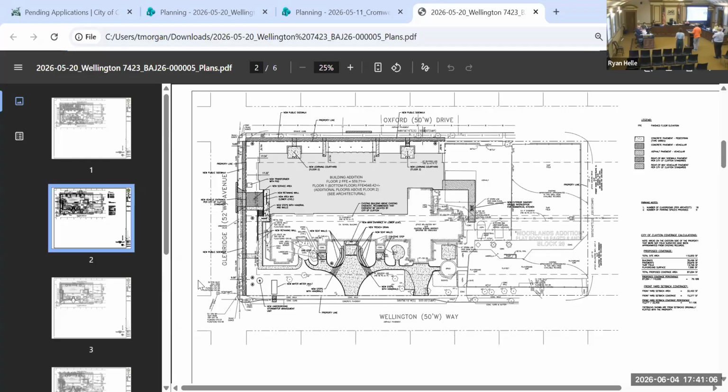Well, but in terms of the property values of the neighbors' homes, a much larger building might impact the value. So how did you determine that it would not impact or impair the property values? Did you talk to a realtor about that or anything? That answer was provided by our consultants. I was not involved in that answer.